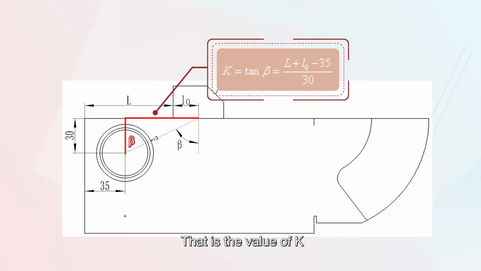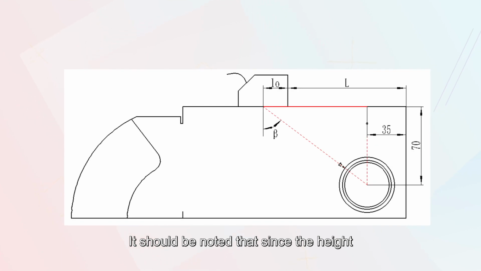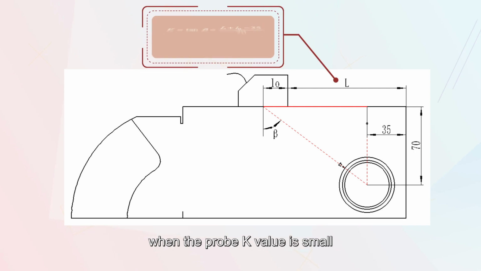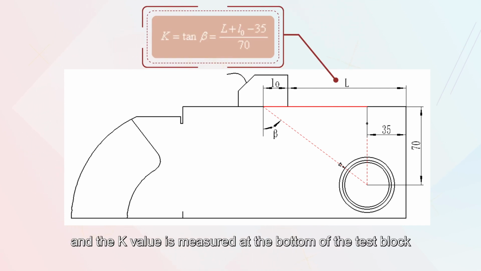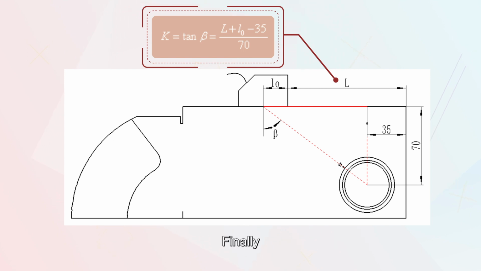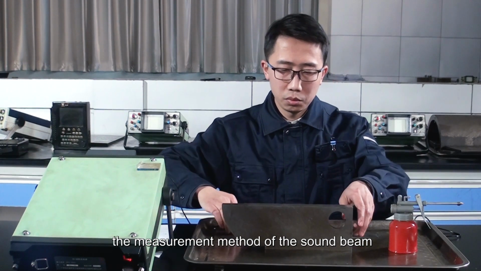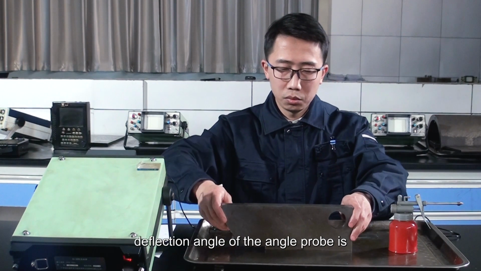That gives the value of K. It should be noted that since the height of the test block is 100 millimeters, when the probe K value is small and the K value is measured at the bottom of the test block, the denominator in the formula should be 70.